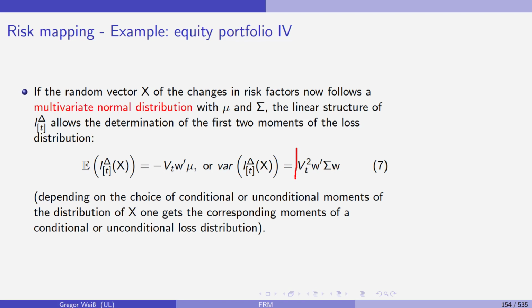And what you get is actually the expected loss is given by the squared value of the portfolio times the weighted variance covariance matrix. So you only need those variance covariances, and then you get the expected return or expected loss and the variance of the return. And then you can model the distribution.